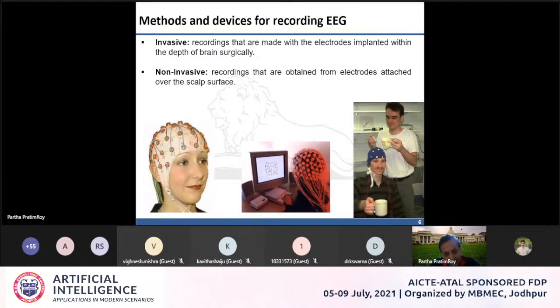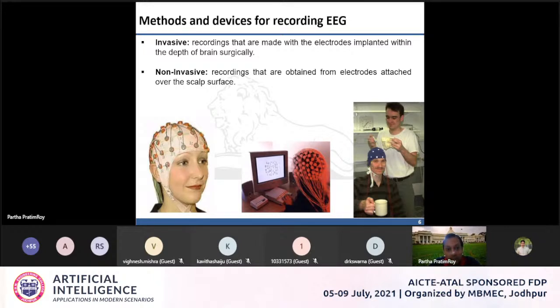Before, these electrodes were implanted using surgery, but these days this kind of surgery is not required. Those were invasive, meaning electrodes were implanted to record the signals. The advantage is that when we record signals using implantation, the environment noise is less and you get very good signals, in pure form, and you can understand them.